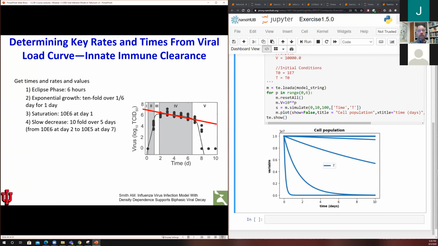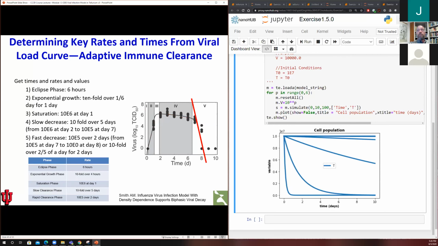And so what that means is that we have a 10-fold decrease over 5 days. And that period lasts for 5 days. That's our region 4. Region 5, we see a faster decrease. Over 2 days, we go from 10 to the 5th back to 10 to the 0. So we have a 10-fold decrease every 2/5 of a day.